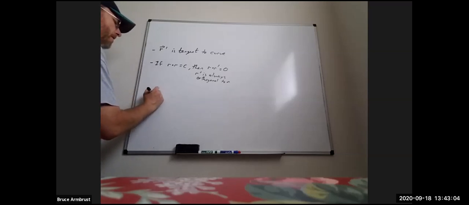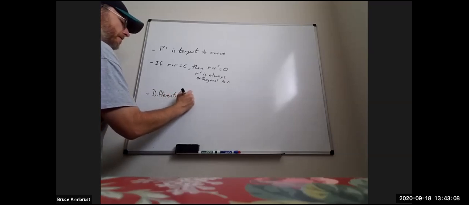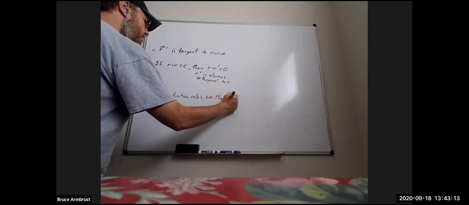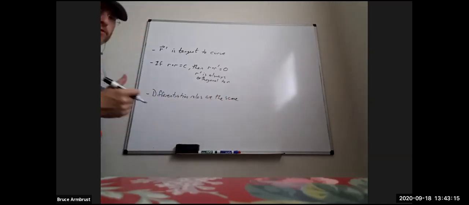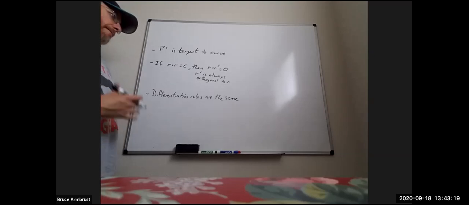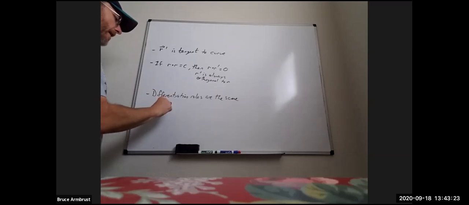In terms of all the rules, they're the same, meaning things like scalar, product rule, chain rule, and so on. There were just a couple of weird, quirky things.